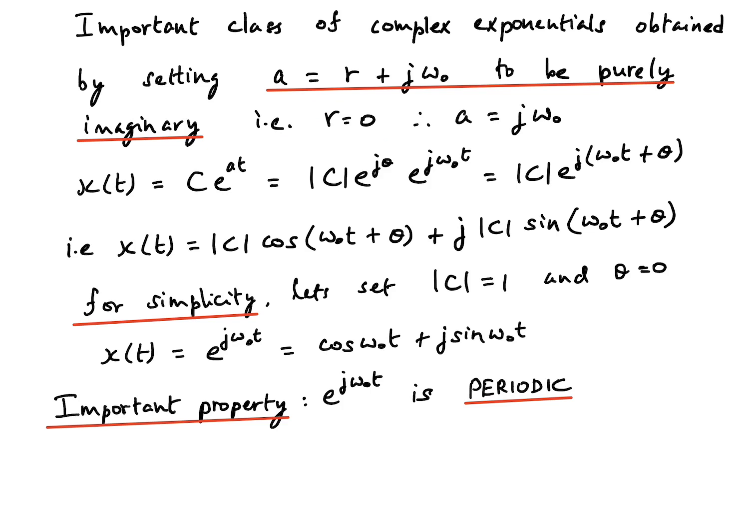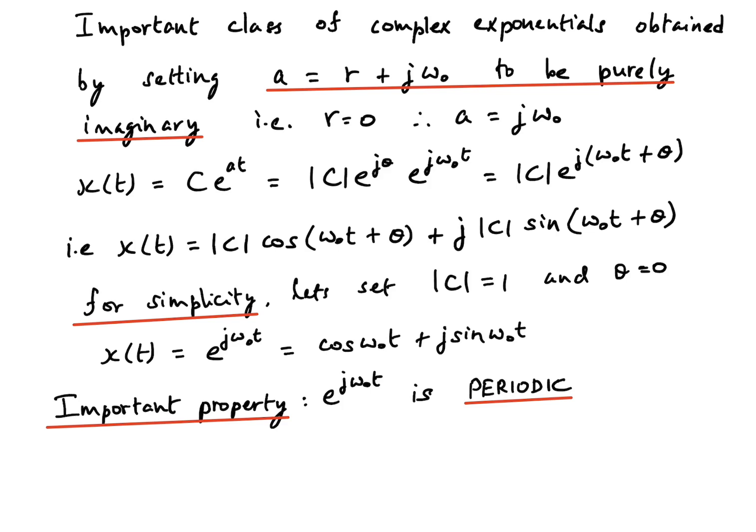Now, just as we are able to represent the complex exponential e power j omega naught t in terms of the cosine and sine waveforms, we can also represent the cosine and sine waveforms in terms of the complex exponential. We are going to do a simple trick here to represent cosine omega naught t in terms of e power j omega naught t, and similarly sine omega naught t. That comes in handy at times when we are performing some calculations.